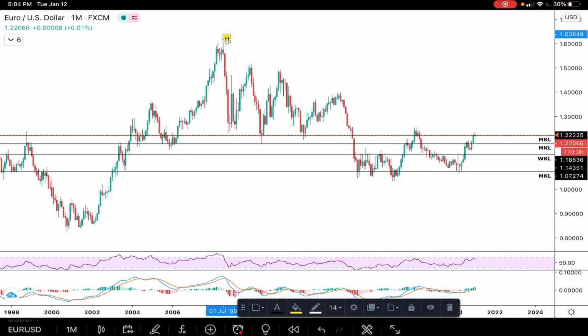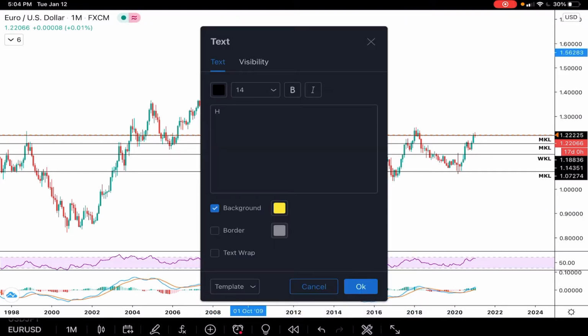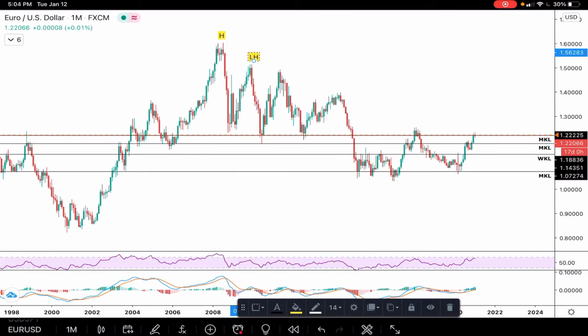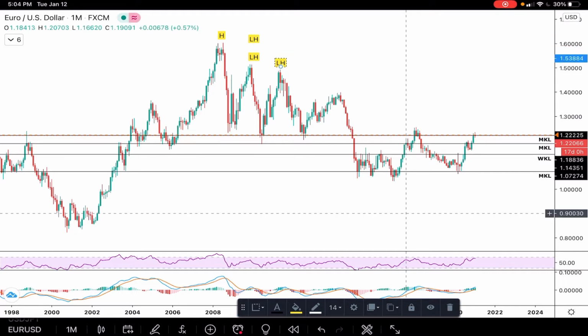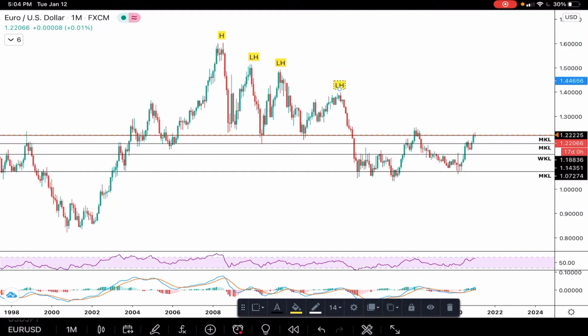I see a high, I see a lower high, and another lower high, another lower high, another lower high, and so on.